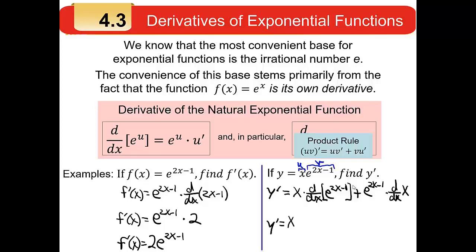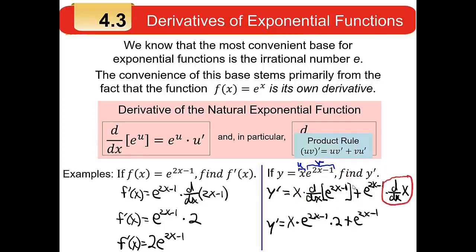Going back now, you can see as you start, you've got x times the derivative of e to the 2x minus 1. Well, when you get to the derivative of e to the 2x minus 1, you've got to use the rule on the left for derivatives of exponentials. The derivative formula says you take the exponential written down as it is, multiplied by the derivative of the exponent, plus, then you've got e to the 2x minus 1 multiplied by the derivative of x.